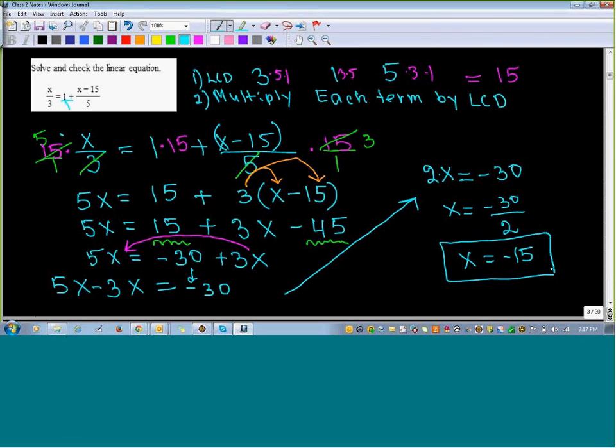If you plug it back in, 15 over 3, then you plus negative 15 minus 10 over 5. So negative 3 is negative 5. Negative 15 minus 10, negative 30 over 5 is negative 6, and 1 minus 6 is also negative 5. So it's true, negative 5. It would have been true because we had no variable in the denominator or anything. So it was simply an equation we solved. So that was our answer.